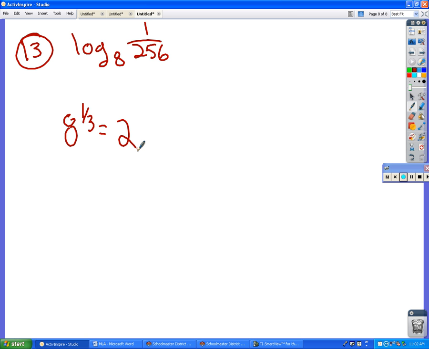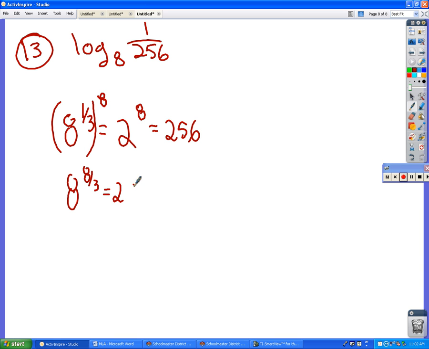Now can I raise 2 to a power and get 256? What power? Is it 5? 8? Okay. So if I go 8 to the 1/3, that gives me 2, right? And 2 to the 8 is 256. So that means that 8 to the 8/3 is 256.